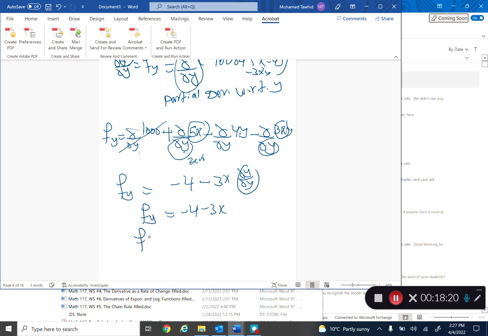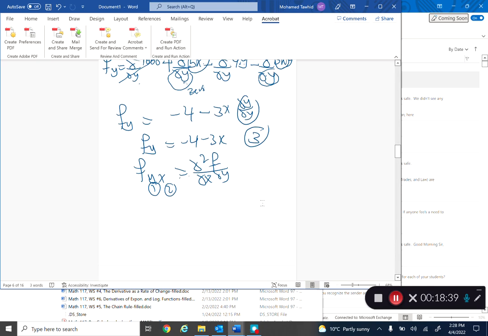Now let us get fyx, that is number 2. We write it like this, d of fy, and then x. If I ask you to find this, you have to start from the left, 1 and 2.